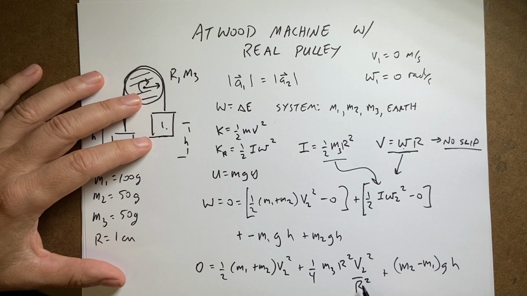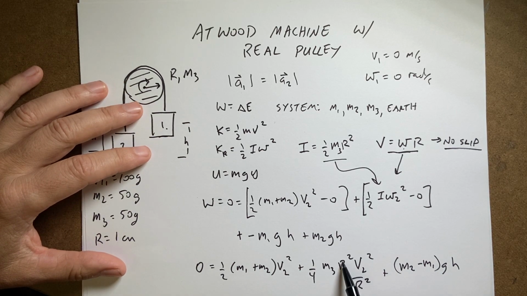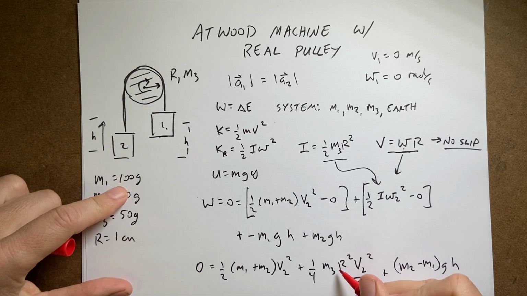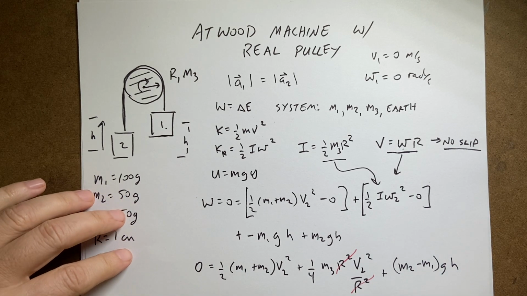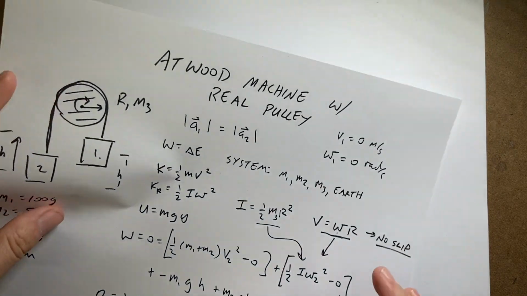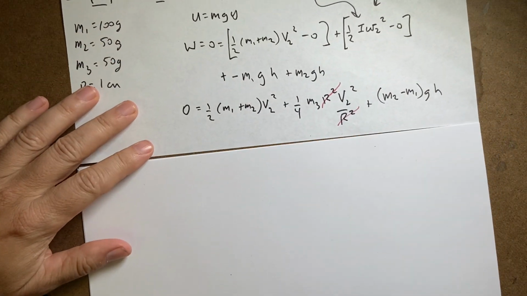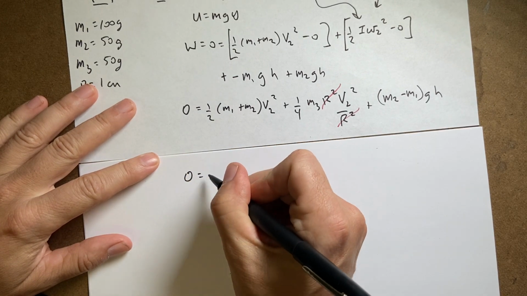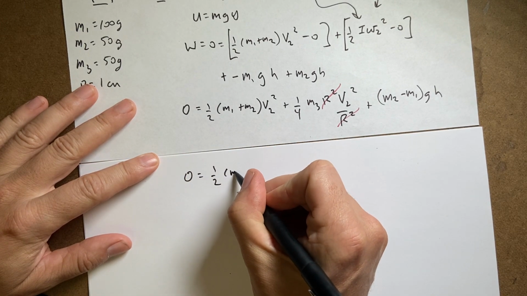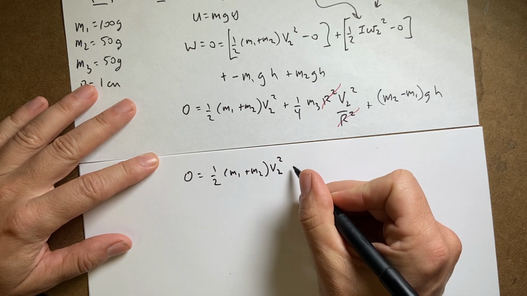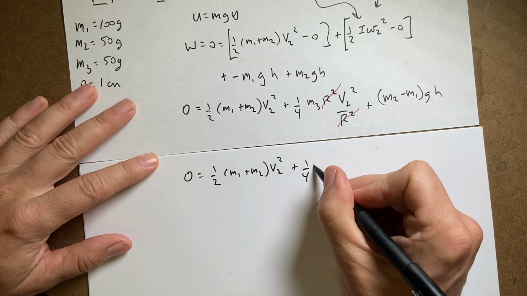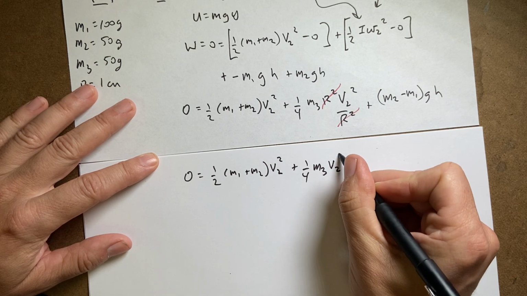I want to solve this for v2, the final velocity. So these cancel, and I get the following. Zero equals 1/2 m1 plus m2 v2 squared plus 1/4 m3 v2 squared, right?